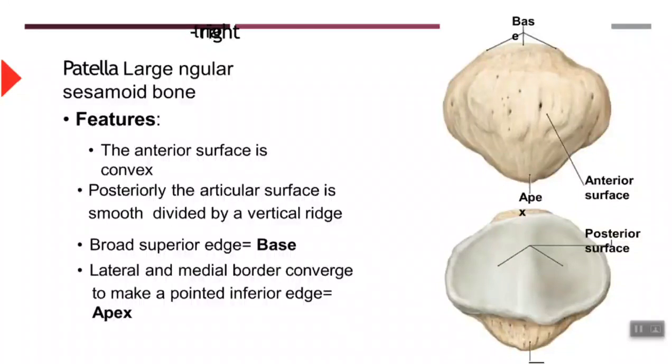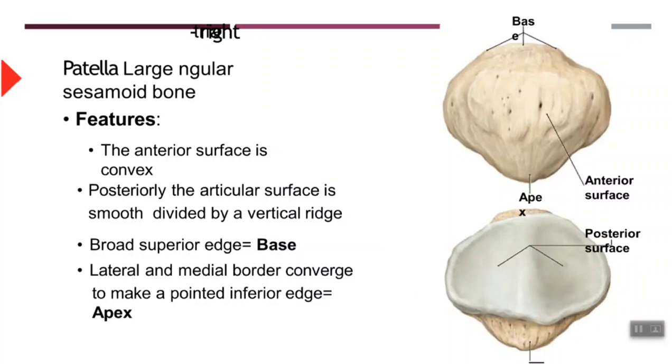And the patella, as you see here, is a large, irregular bone, the largest sesamoid bone in our body. It is subcutaneous. You can touch it in front of your knee. The patella has two surfaces, one base, one apex and two borders.